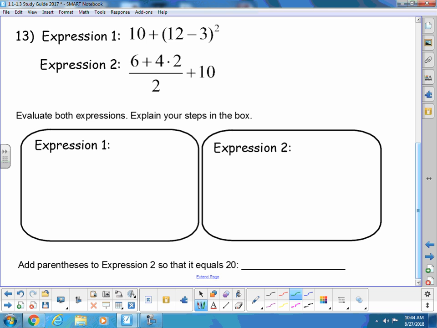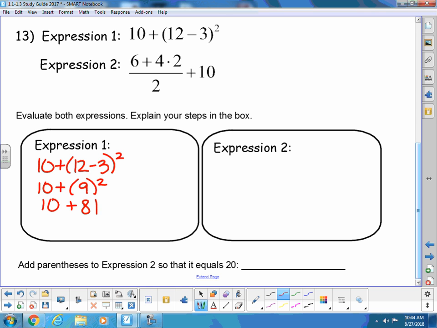Starting with expression 1, I'm just going to write down the original problem. And this is just an order of operations problem. What would I do first? Parentheses. Then what would I do next? Exponent. 9 squared gives me 81.